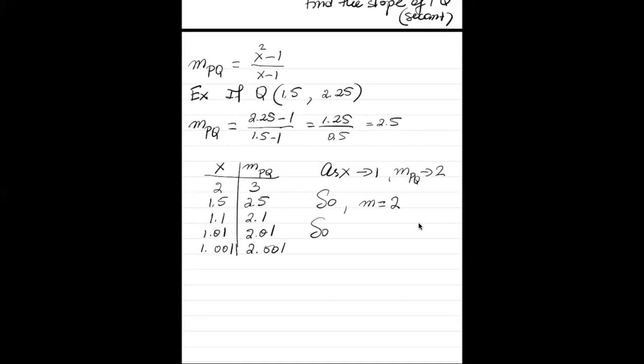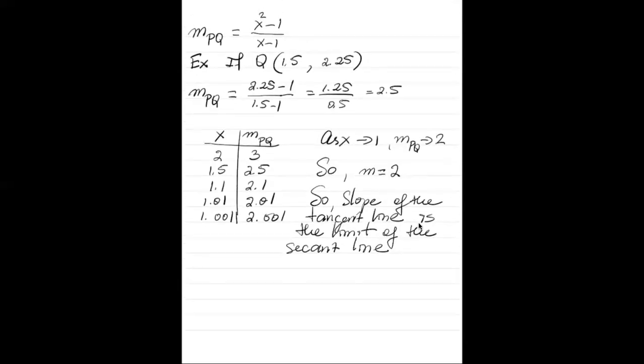So we're going to investigate this concept in more detail later, and we'll find that the slope of the tangent line, t, is the limit of the slope of the second line, which we call the secant line.